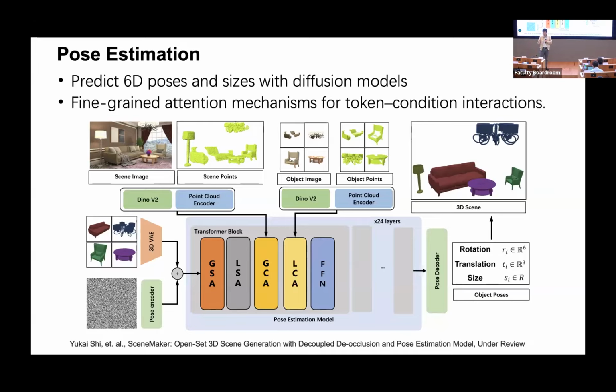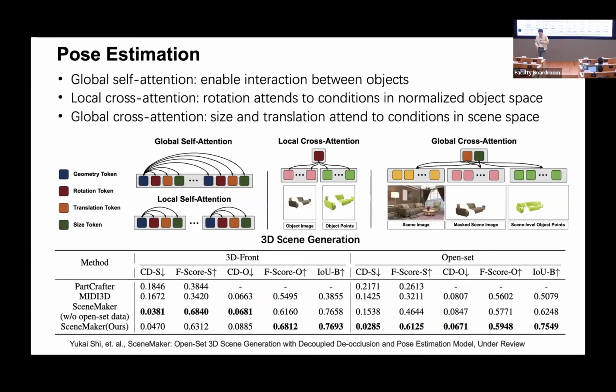We have this local module because it can make the orientation estimation more accurate, because mostly the orientation can be determined from that single object, but the scale and the translation need to refer to the global context and so on. So here are a bit more details.